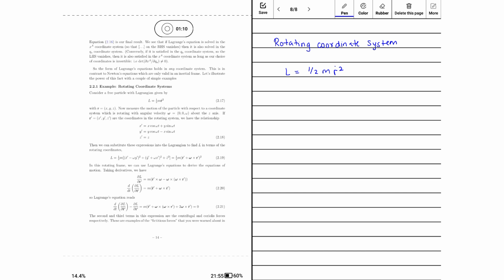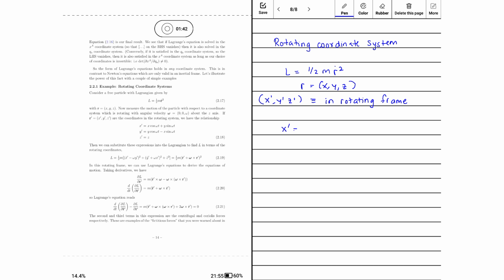Now in a rotational frame, r is basically here x, y, z. If x dash, y dash and z dash are coordinates in the rotating frame, then how are they related?